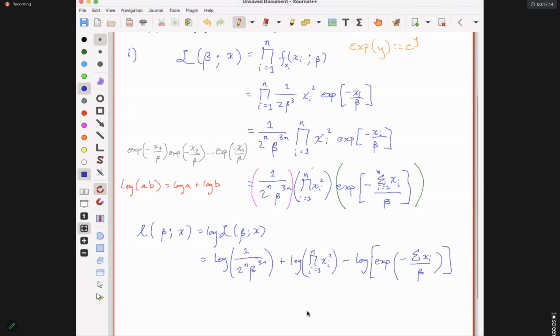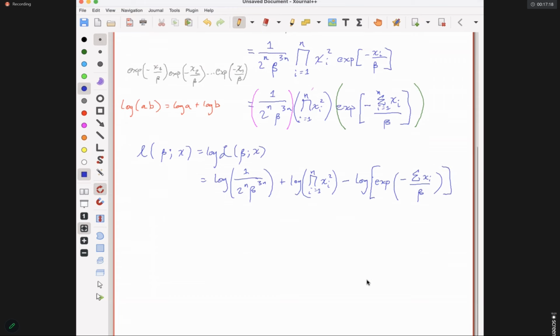And so let's look at this first term now. What can I simplify here? How do I simplify what I just circled?